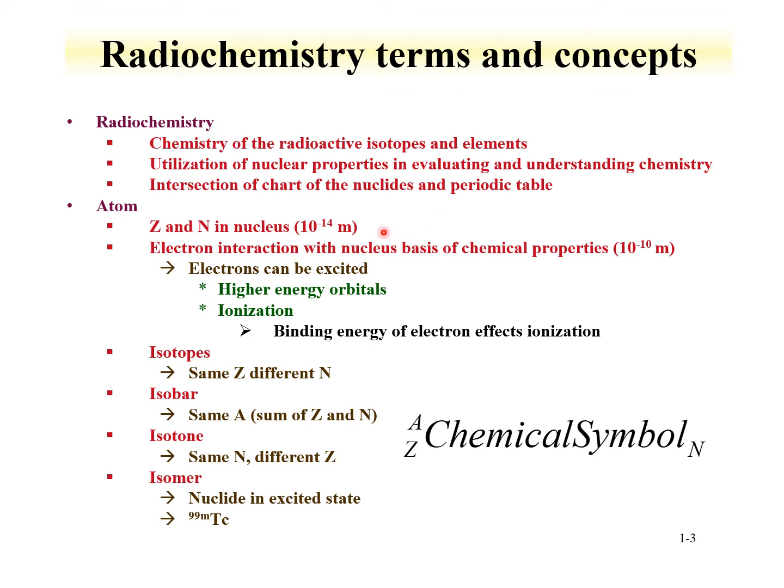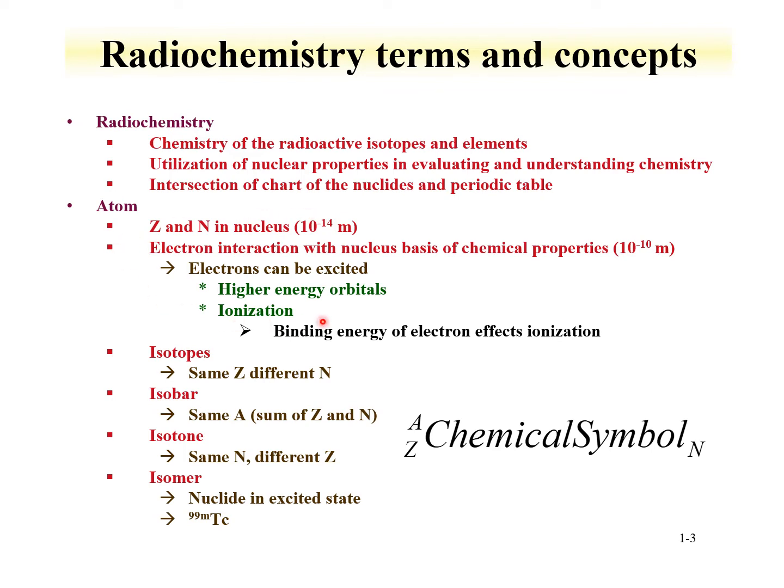So some of the things that we should understand when we talk about radiochemistry, since we want to talk about the nucleus and nuclear properties, let's start with that. The nucleus we can always describe as Z protons and N neutrons in a nucleus. The diameter of the nucleus is about 10 to the minus 14 meters.